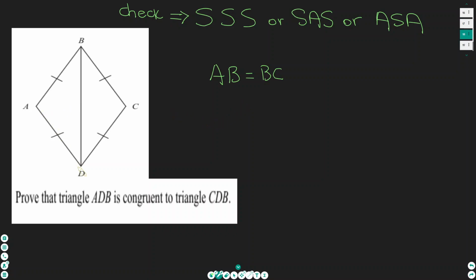The AD is also equal to the DC because you see these lines intersecting. So AD is equal to the DC. And another side is the BD. This is a common side.